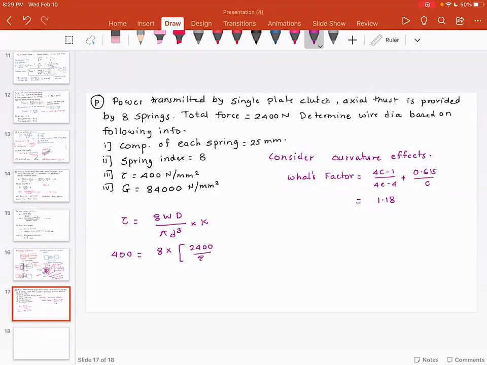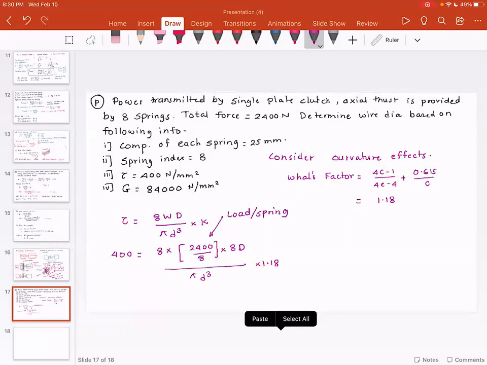So the load per spring, this is the load per spring, multiplied by 8 times D divided by pi d cube times 1.18. That gives me diameter is equal to 5 millimeter.